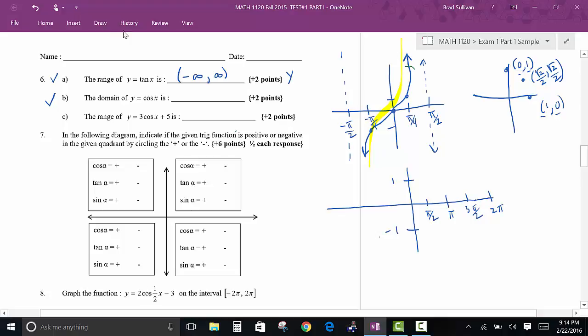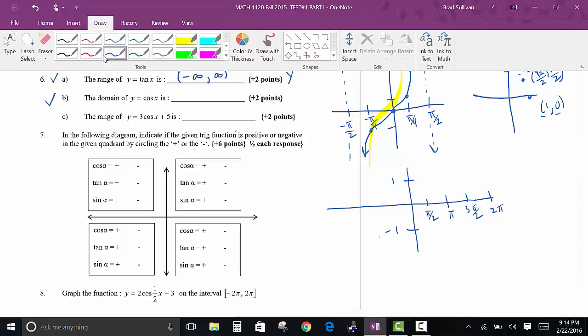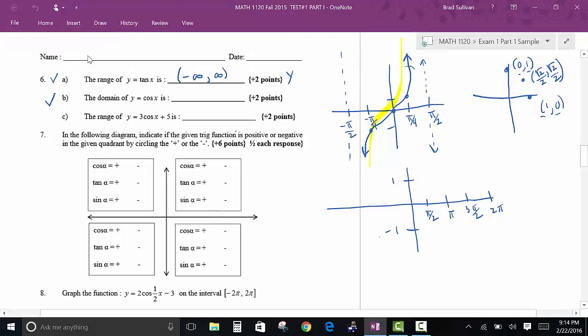So you want to remember that the cosine graph goes like this. Starts high, x-intercept, minimum, x-intercept like this, but remember it goes on forever. So this thing will just keep going forever in both directions. So that means the domain of the cosine is all real numbers.